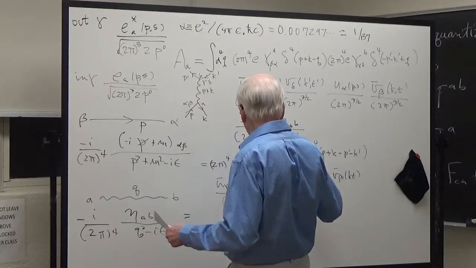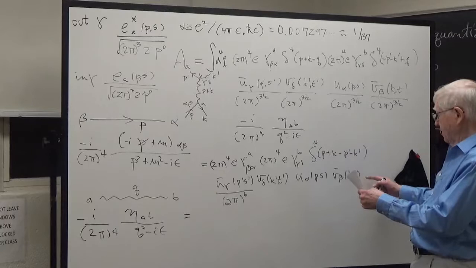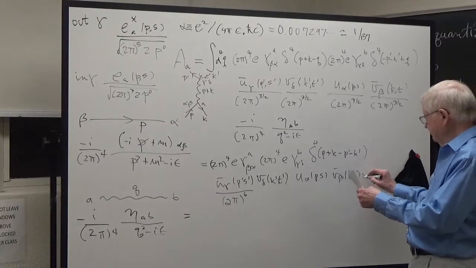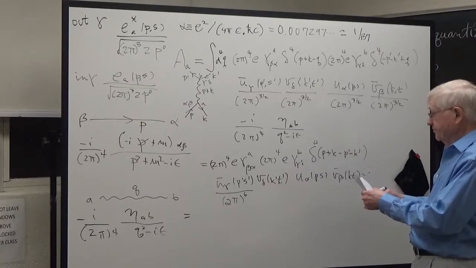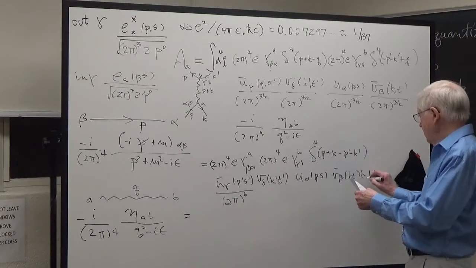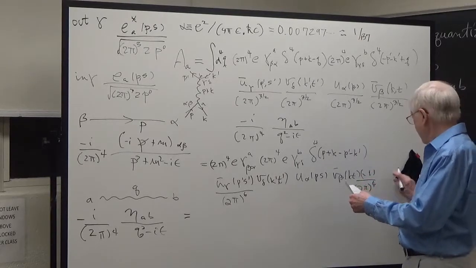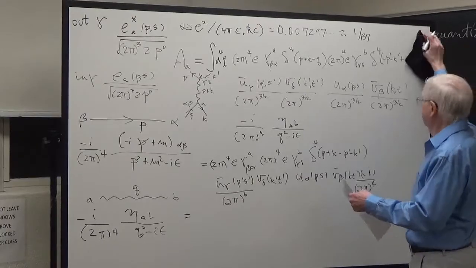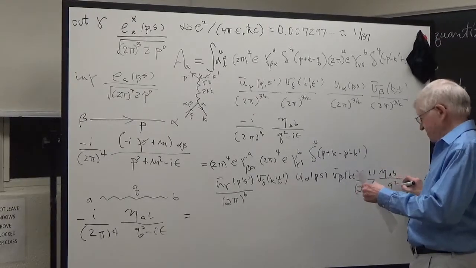There is, oh, I left something out here, minus i over (2π)^4, δ_AB, and I'm just going to write this as q squared.